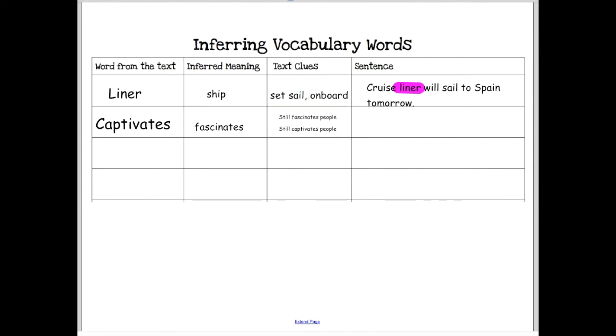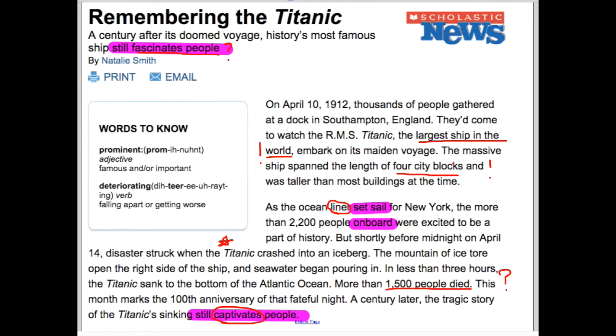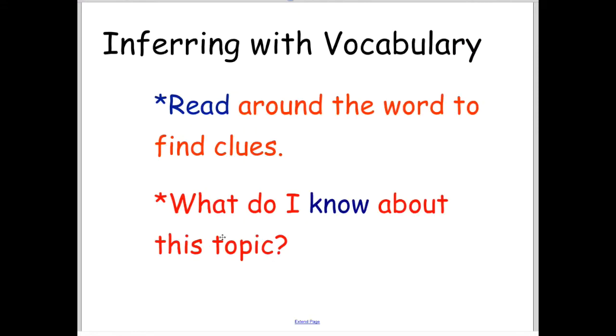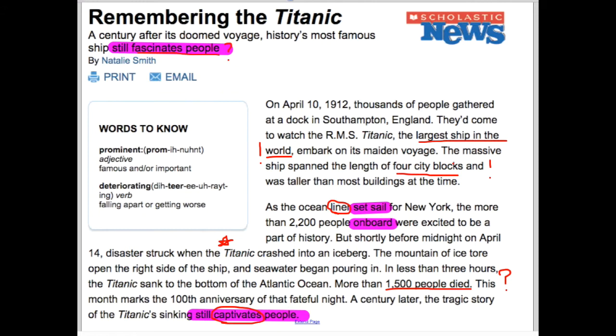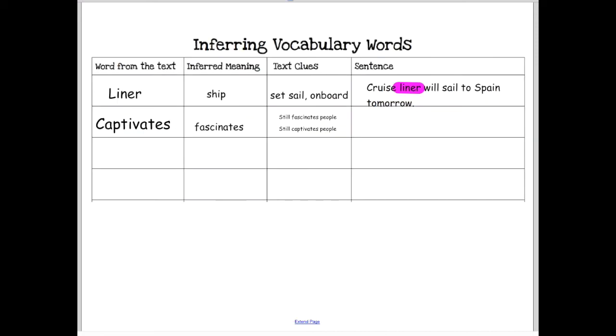Now, for my background knowledge to help me with the word captivates, remember we also need to think about what do I know about this topic. Well, like I said in the very beginning, I picked Titanic because it just is fascinating to me, and it's very fascinating to lots of people. It's just so tragic and sad, and it's something that everybody knows about history. So that just kind of makes sense that captivates would mean the same as fascinates.